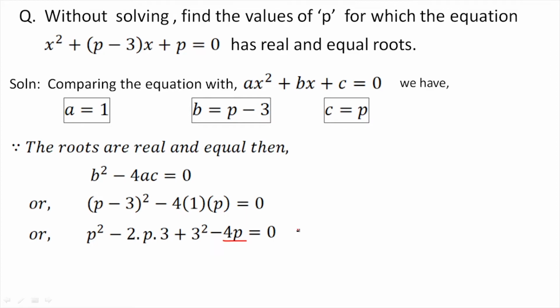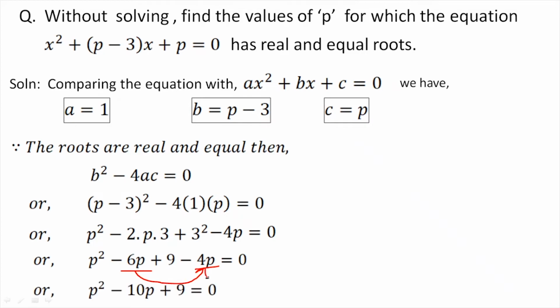This is equal to 0. Now let's multiply this. We get 2 into p into 3, so after multiplying this, we get p square minus 2 into 3 is 6 into p is 6p. Now there is minus 6p and minus 4p. We'll be adding these two, so we'll get p square minus 10p plus 9 equals 0.